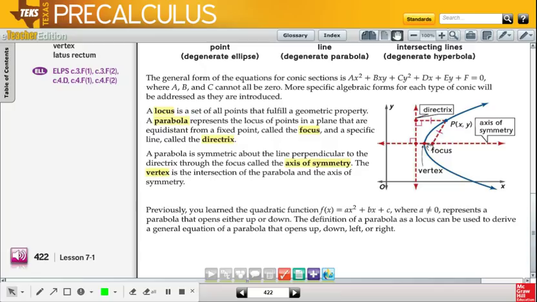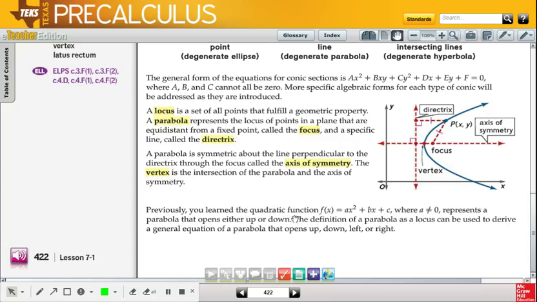So it's always going to be an equal distance from the vertex when you have the information with the directrix. So let me go more in depth with that. A parabola is symmetric about the line perpendicular to the directrix through the focus, called the axis of symmetry. The vertex is the intersection of the parabola and the axis of symmetry.